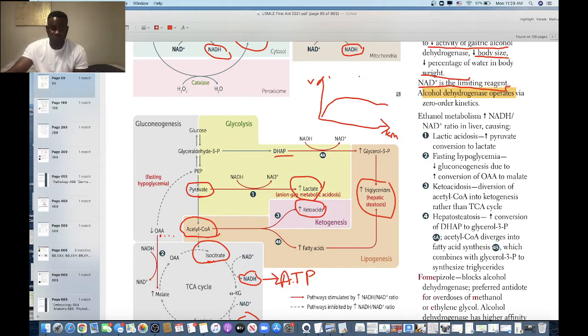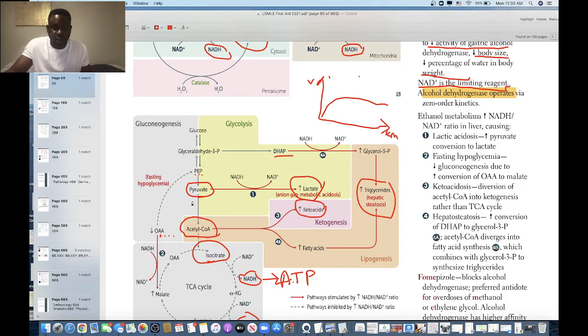But pyruvate, PEP, let me see the number of carbons it has. I think I didn't write it in this book, but it should have 3 carbons. Yeah, it should have 3 carbons here, right?